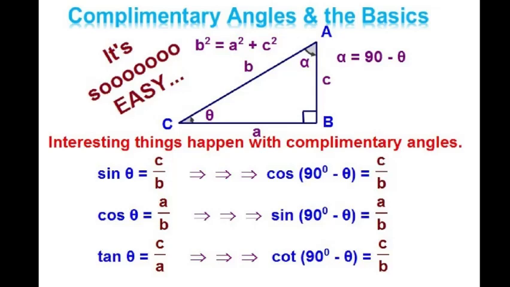So we can write sine theta as C on B, which is opposite on hypotenuse.